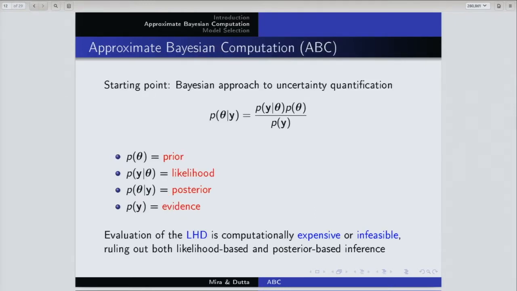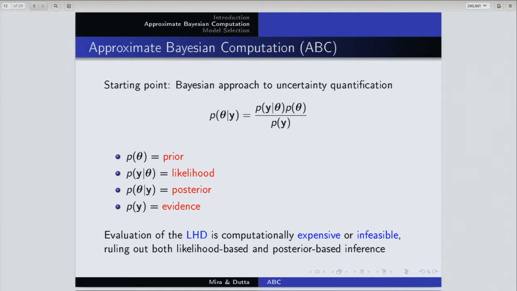So, well, I told you that I have a Bayesian approach to statistical inference, so let me remind you what the Bayesian paradigm is about. But even if the name is approximate Bayesian computation, there's nothing really inherently Bayesian in the methodology that I will tell you about. But if you're a Bayesian, you have, as I said, a prior opinion on the value of the parameter.